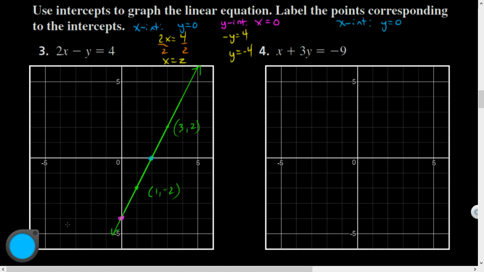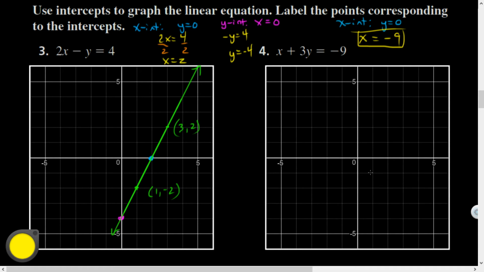Adding 0 doesn't do anything. So what's my x-intercept going to be? I'd have x plus 0 equals negative 9, which is just the same as saying x equals what? Negative 9, which I just realized my graph does not fit.